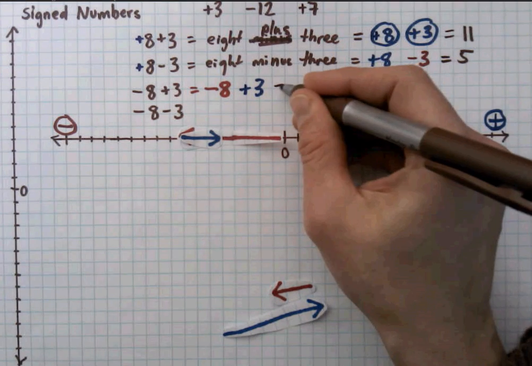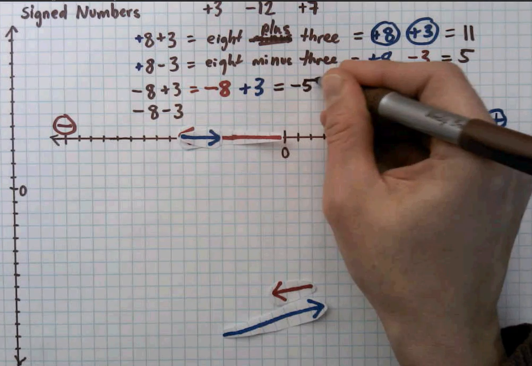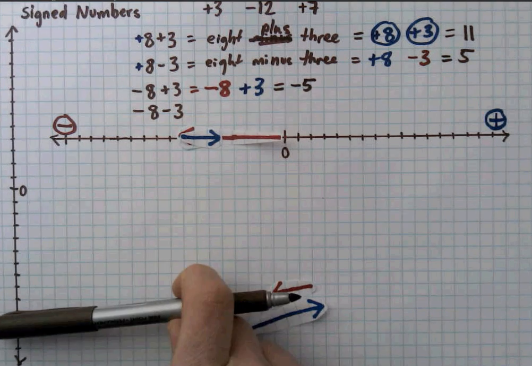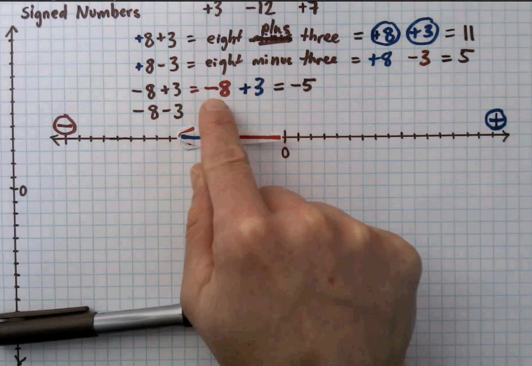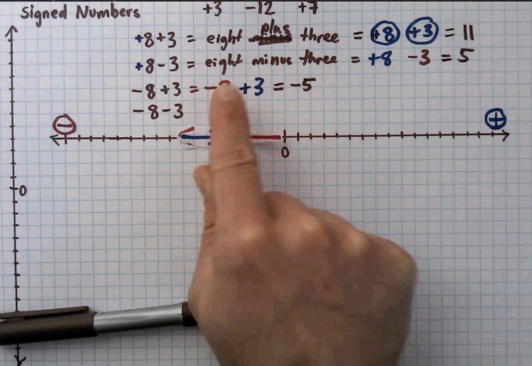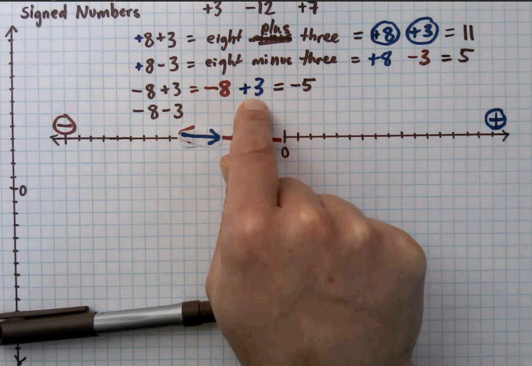Another way to think of this is with money. If I owe somebody $8 and I get $3, so the owing 8 is a -8 and the getting 3 is a +3. Even if I'm a good person and pay as much of my debt as I can, so I give my friend $3, I still have a remaining debt of -5.